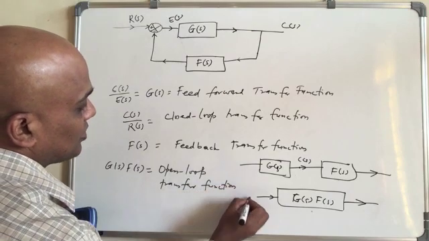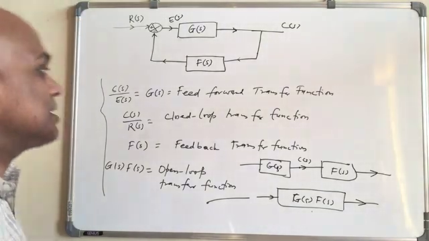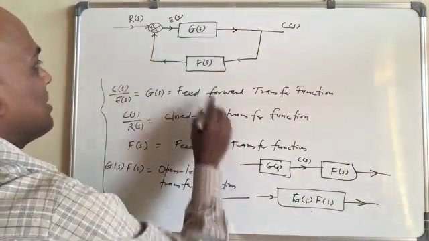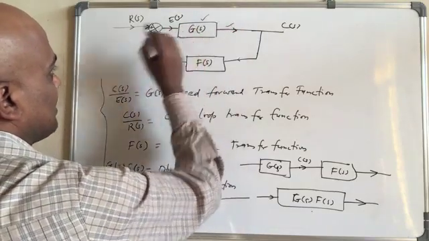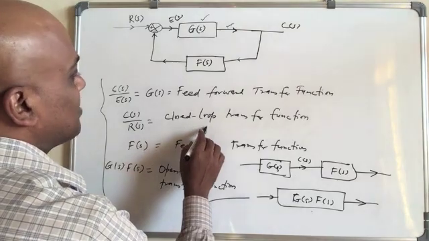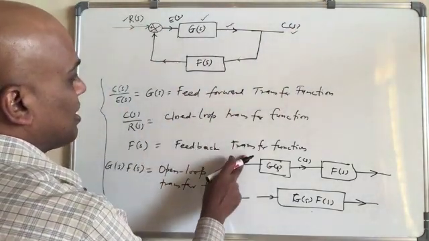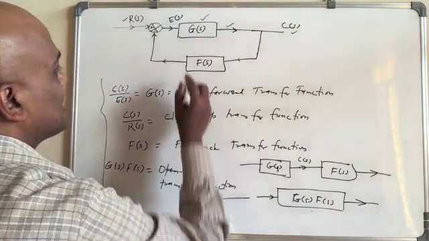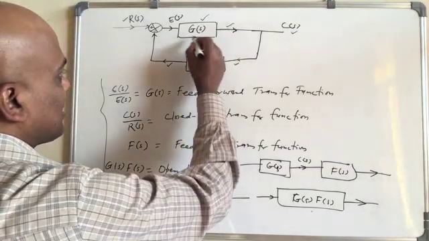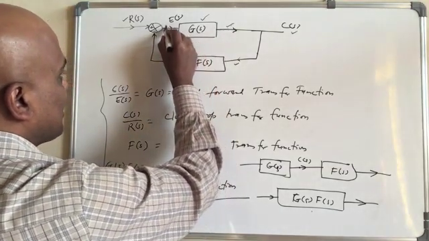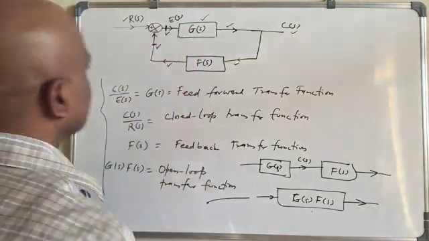Okay. So in the book, these are the terms which are used, so we will use these terms only. So feed forward, we are talking about this divided by this. Then closed loop transfer function, this divided by this. Then the feedback transfer function, this divided by this. And then open loop transfer function, meaning that we start from here and go here. So this divided by this. Okay.